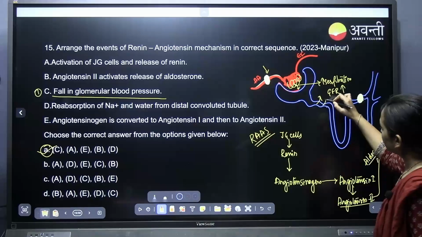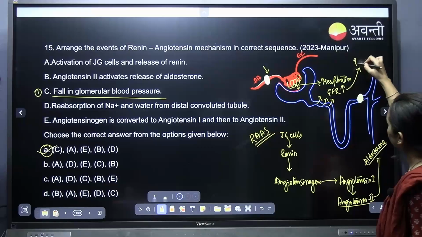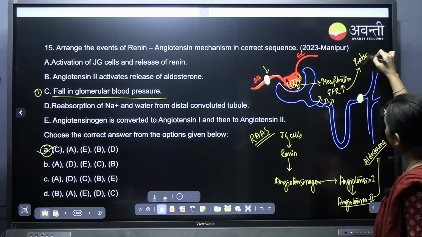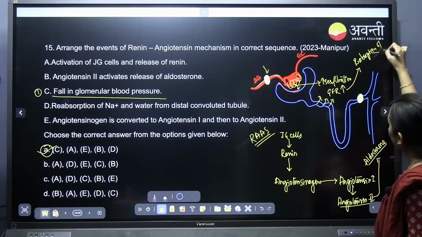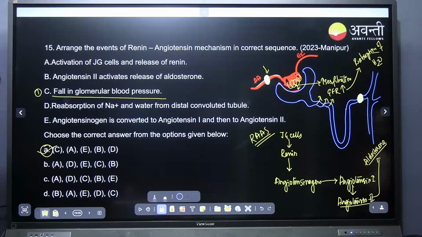GFR in turn increases the reabsorption of water back into the system. Understood?